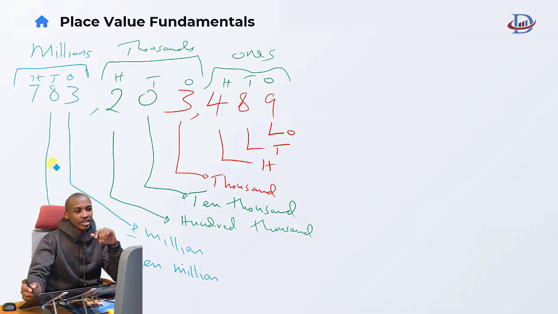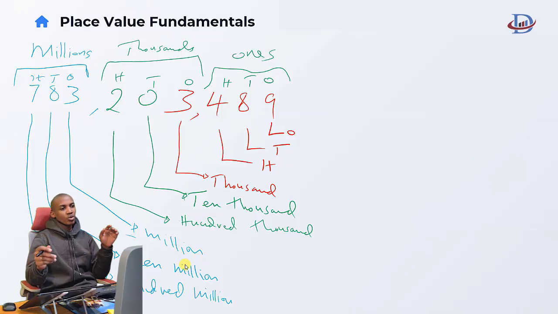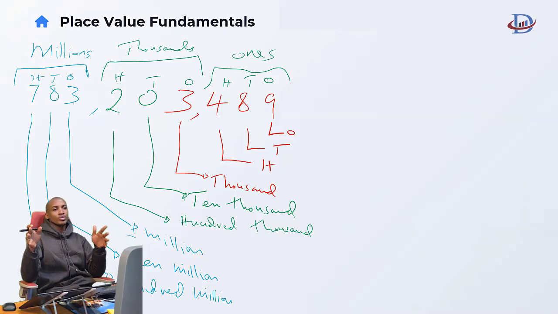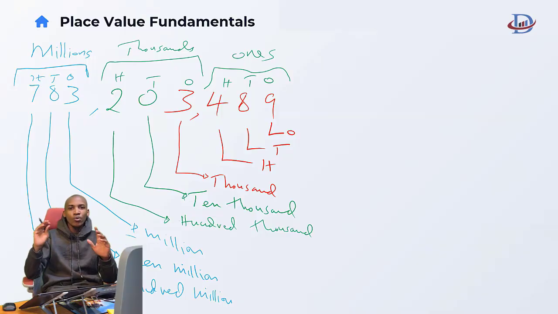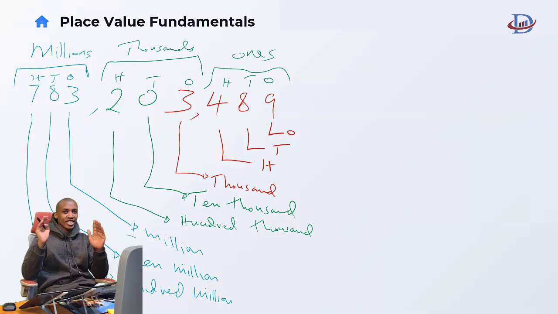And the next one will be 100 million. So that is how the concept of place value works.